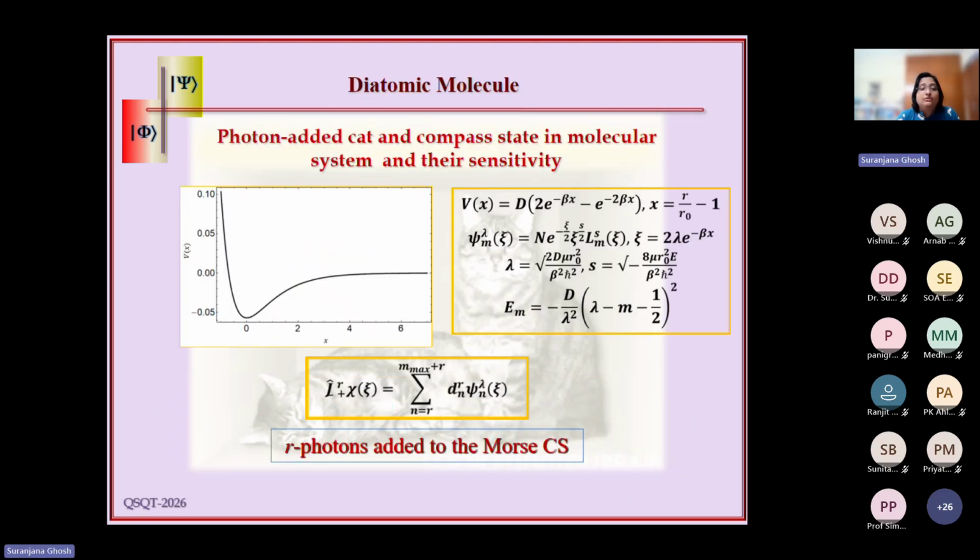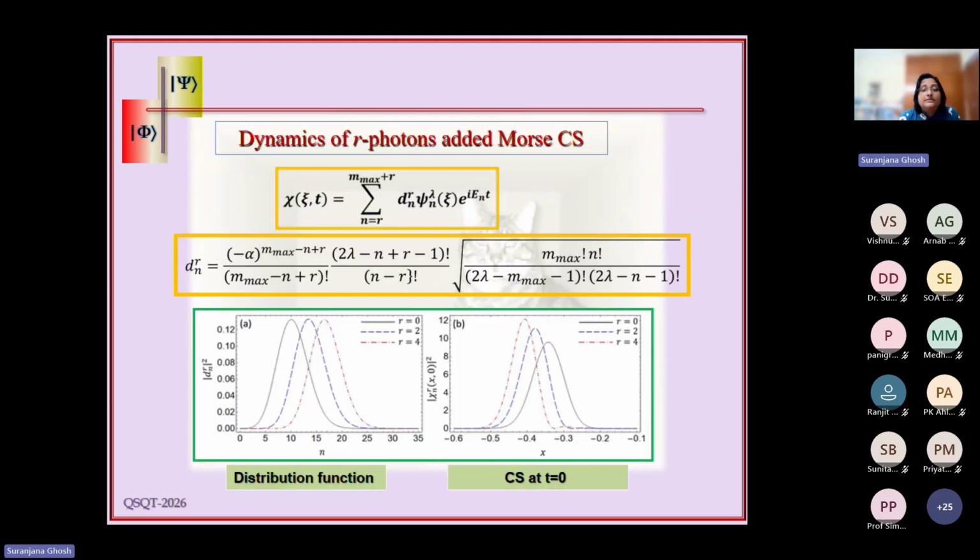We studied this for a molecular system. Here this is for the iodine molecule, and these are the corresponding eigenfunctions and energy expressions. One can of course find the photon added coherent state, where a number of photons are added, and finally this is the photon added coherent state.